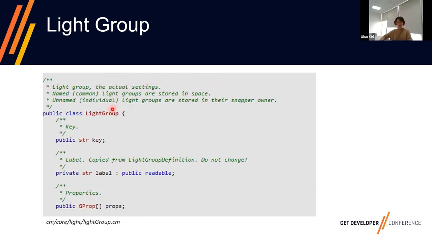And the light group that you only change yourself, let's call that personal mode light group, is stored in every snapper itself. So you can see that there are some labeling keys for the UI, and concentrate a little bit more on this gprop array.